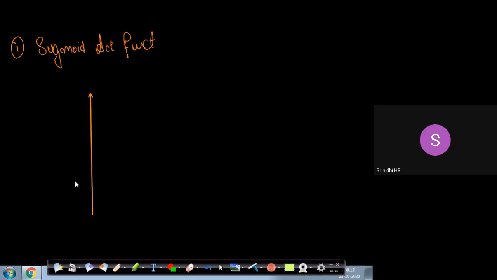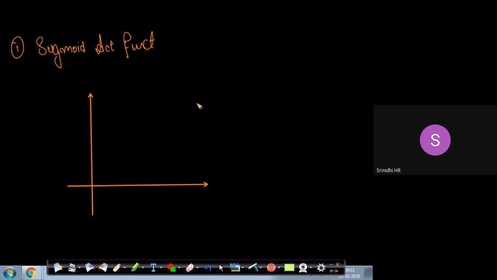Now, if we want to confine our discussion, let's consider the sigmoid activation function. Let's imagine we consider one graph here and draw a curve.